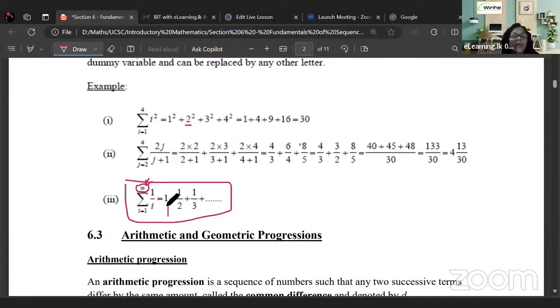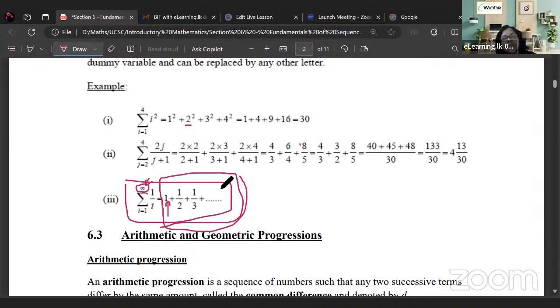You have to get the sum of the values from 1 to infinity. First we put 1 for i, then 2, 3, 4, 5, 6, and so on, n times. The sum of an infinite number of terms is what sigma i equal 1 to infinity, 1 over i represents. So sigma i equal 1 to infinity 1 over i means you have to get the summation of the value of infinity number of terms, right?